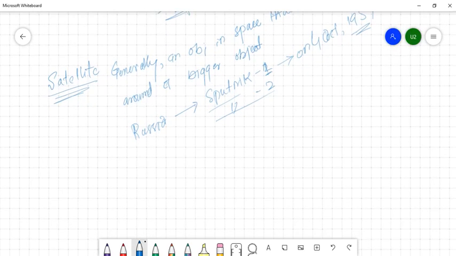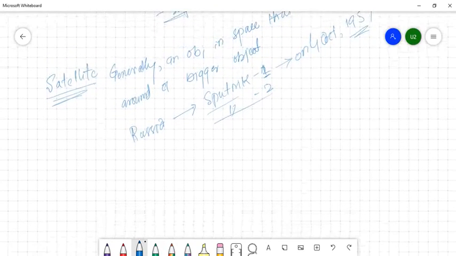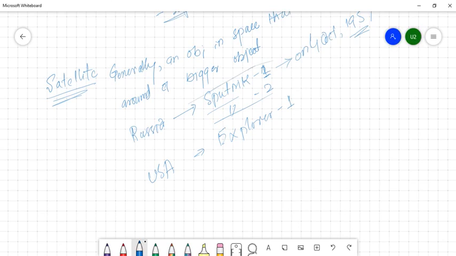Then around January 1958, the USA started its own with its first satellite, Explorer 1, and after that the race started.